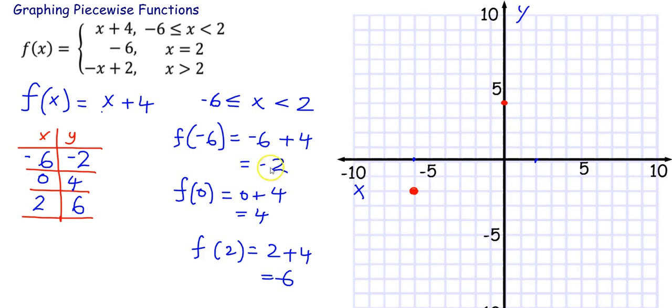Now then the third point, this is open. For x value 2, y is 6: 1, 2, 3, 4, 5, the last one, that is 6. And it is an open circle. Now just join those points.